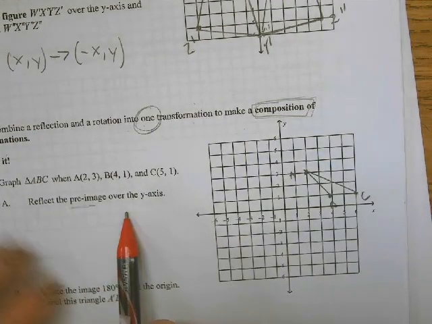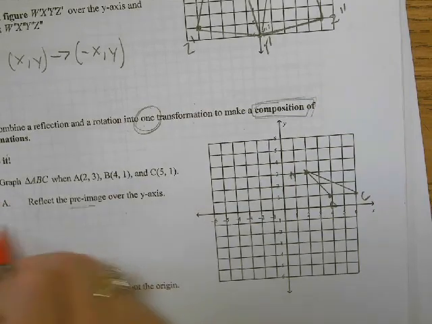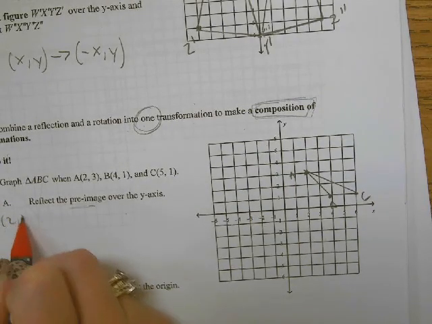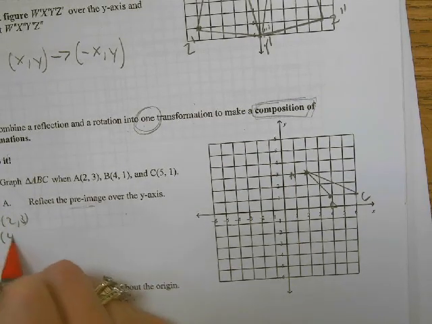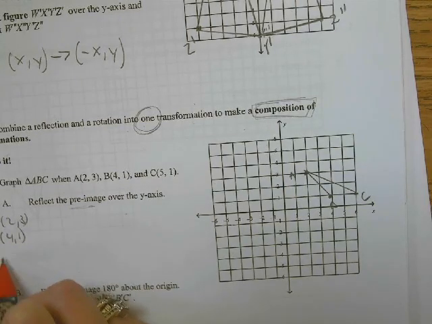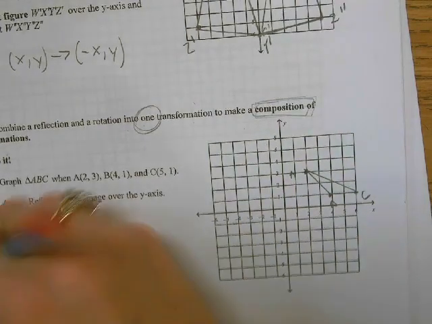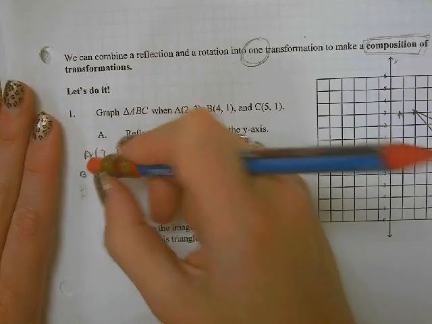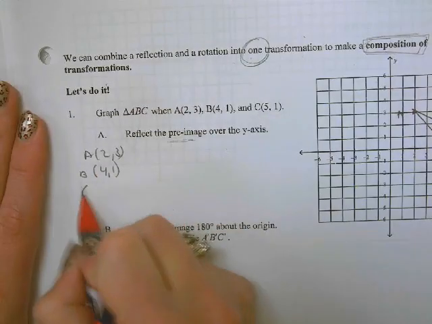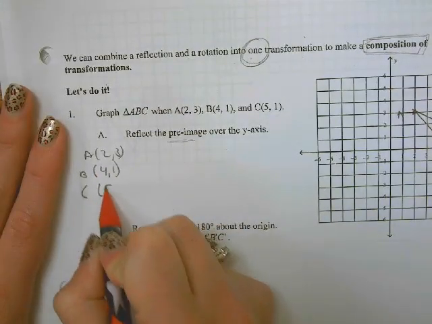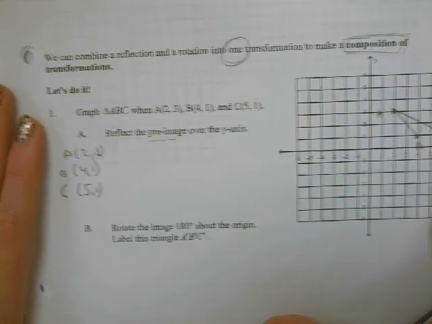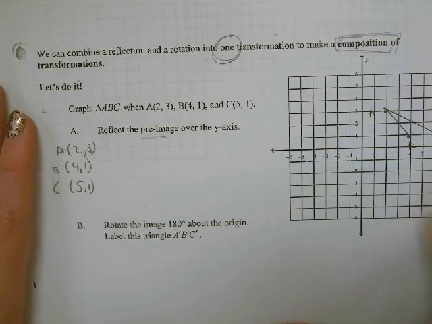Then I'm going to reflect that over the y-axis. So I'm actually going to write down these points so I can keep track of my work, because I'm not going to fully draw in the shape. C is at 5, 1. So this is my pre-image, or my ghost, or my pass-through image.